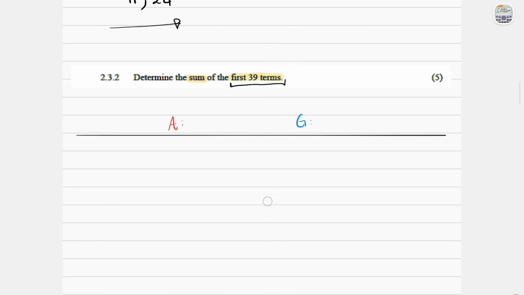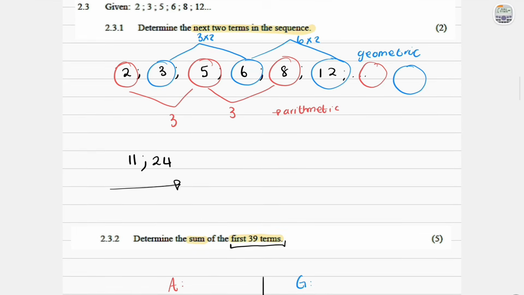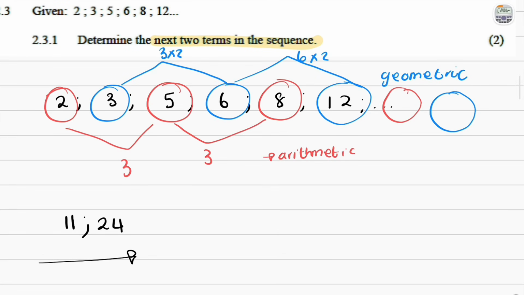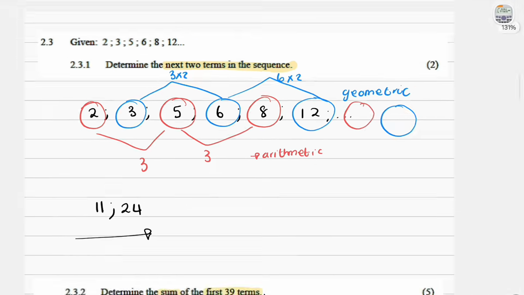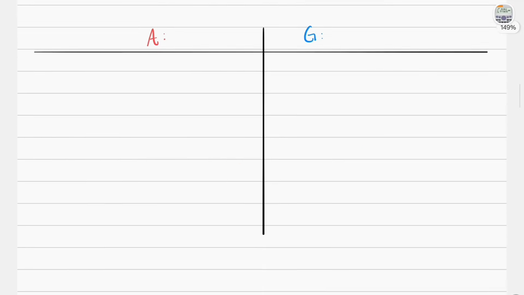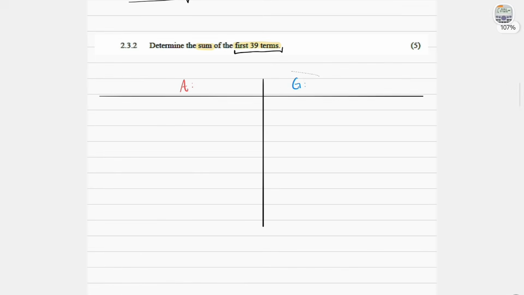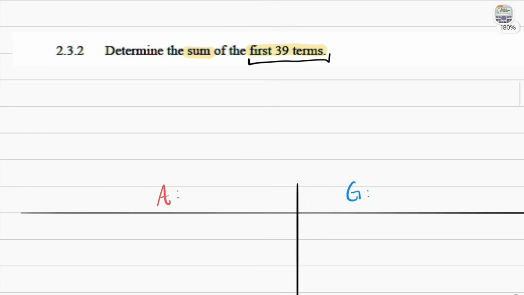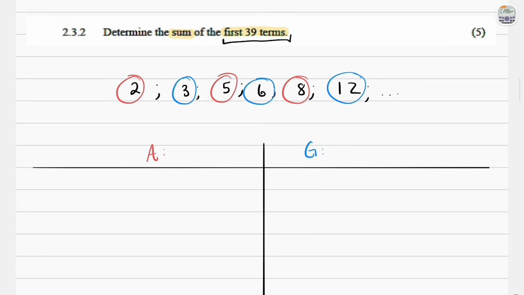Okay, let's think about it like this. In our pattern above, we started off with the arithmetic. So we're going to look at them as term values. Let me rewrite this again, and I'll just write it above this because we need to see how many terms we have in total in each. So the geometrics are blue, the arithmetics are red.